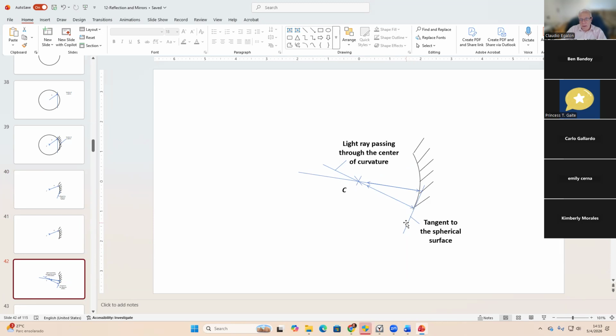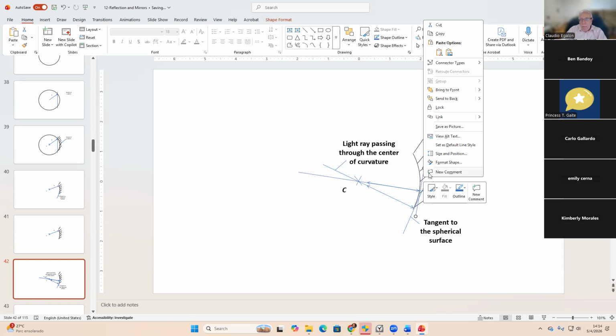If we consider this other direction right here, we have to draw another tangent surface at this point. I'm going to draw that with a different color. And now you should have a better idea of the difference between normal and perpendicular.